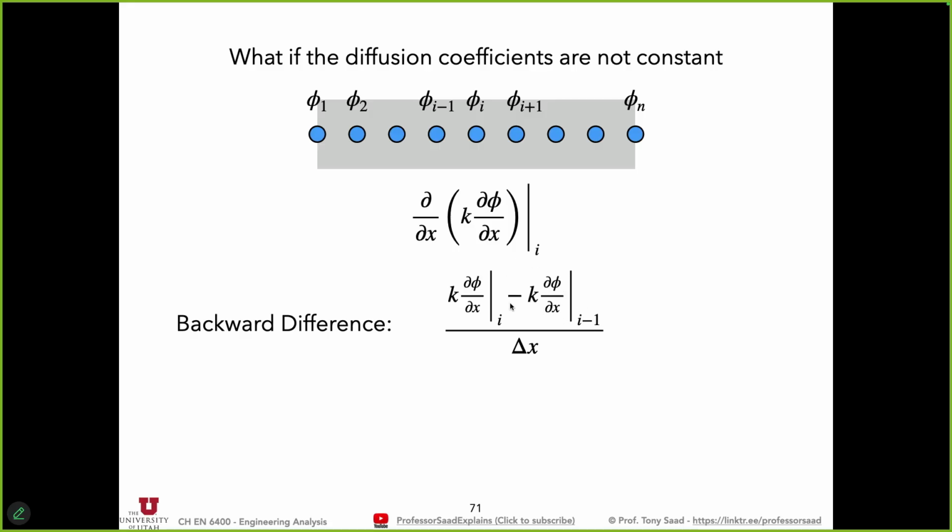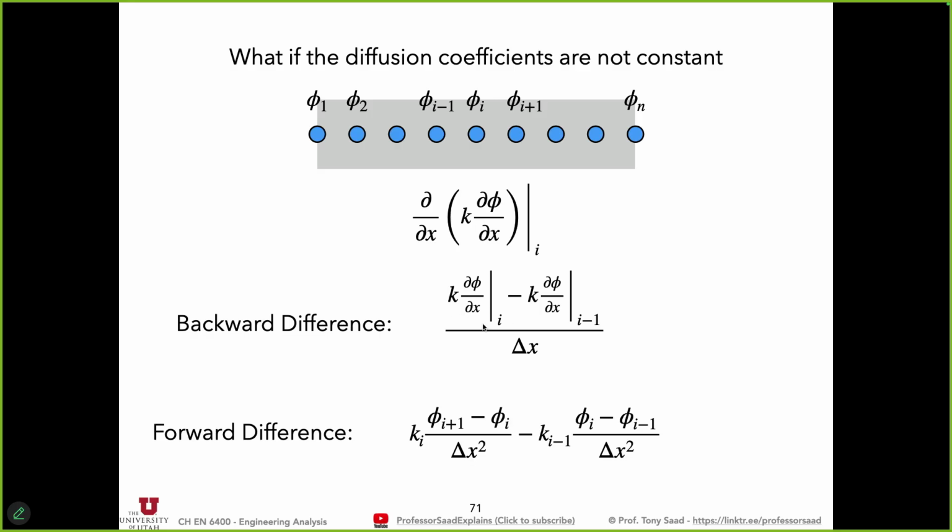Can you see my cursor? Perfect. Then you do a forward difference on the remaining derivatives. Then d phi by dx becomes phi I plus 1 minus phi I over delta x, and then you get the delta x squared and so on. And on the second one, you also do a forward difference, phi I minus phi I minus 1 over delta x, and that gives you delta x squared. And the resulting scheme looks like this.